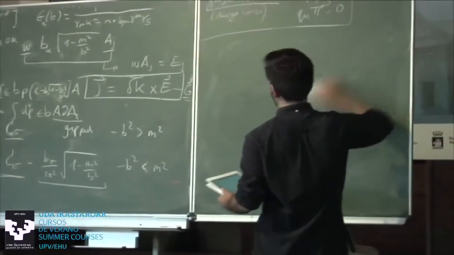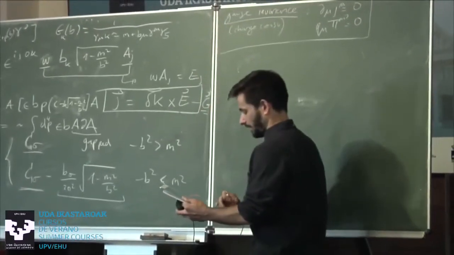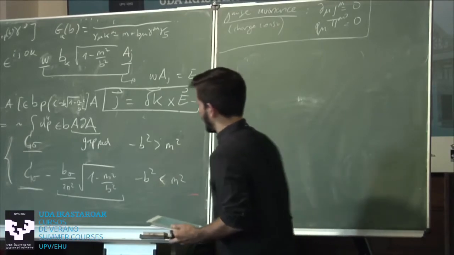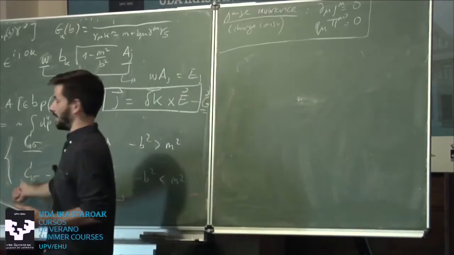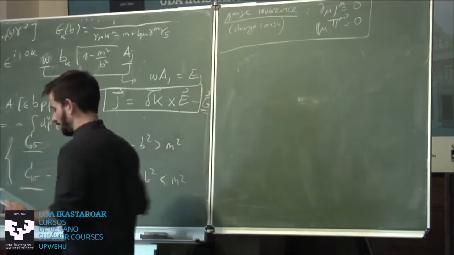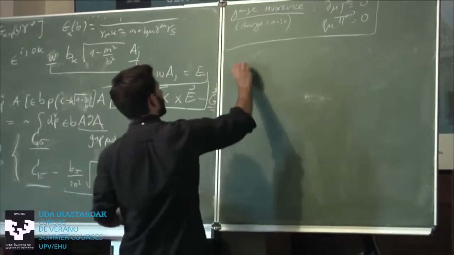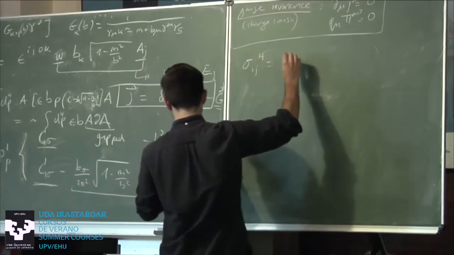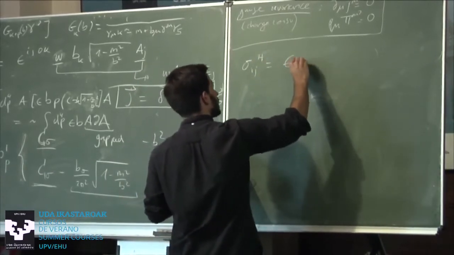In fact, we can relate to a general result to fix this C, or at least understand it physically, which is that the Hall conductivity of a three-dimensional system can be written in general as this object.